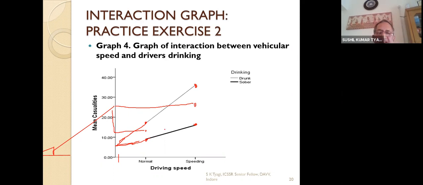Now, how to interpret this interaction? As I told you, the best way is to find this difference and this difference. This difference is not the same across the levels of speed. Drinking drivers are causing more casualties than sober drivers, but this is different for different speeds. At speeding, fast driving, this is more compared to the normal speed.